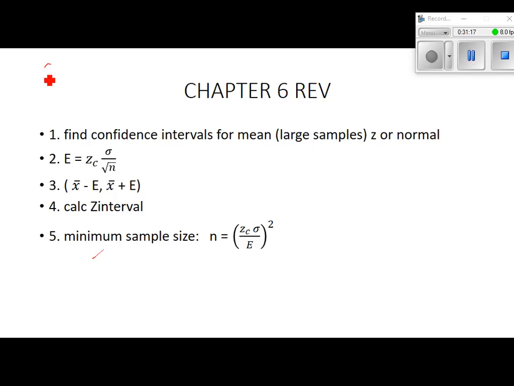Give me some other confidence level, sorry. 50. 0.50. So what we're going to do to find the area, we do 1 minus 0.50 divided by 2.